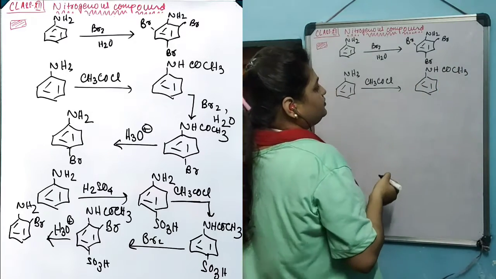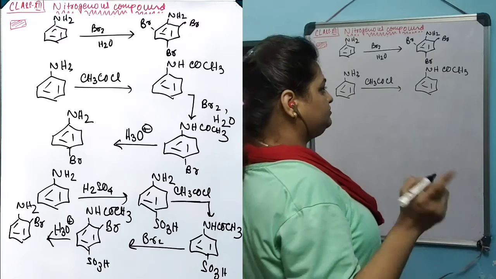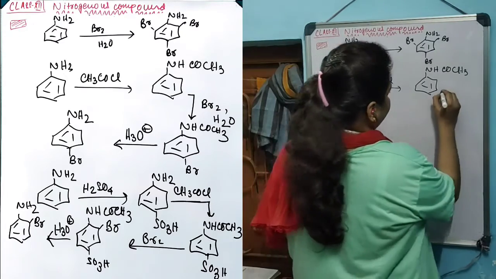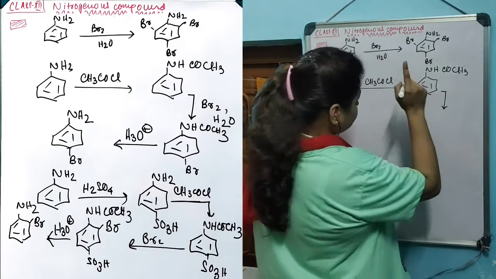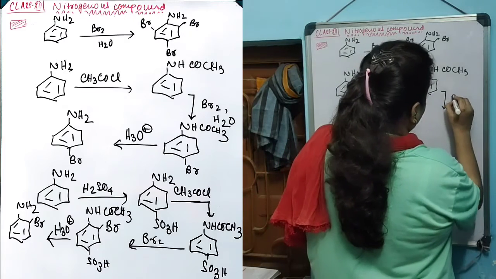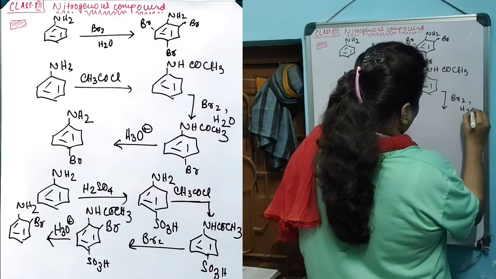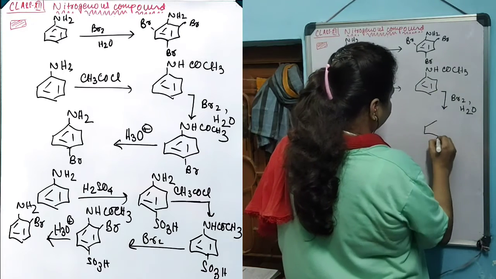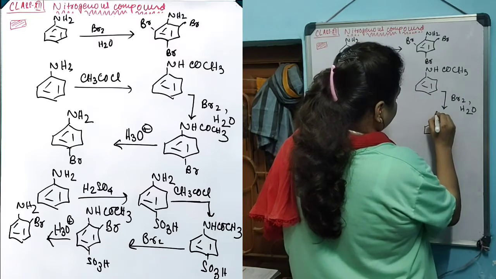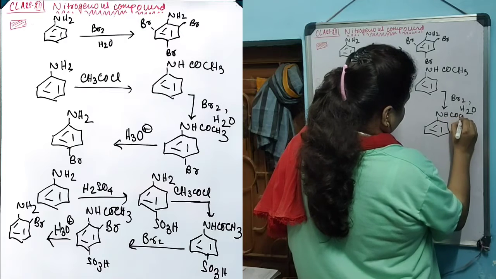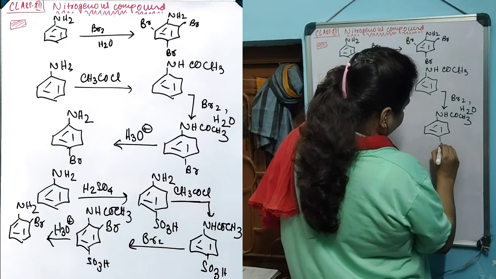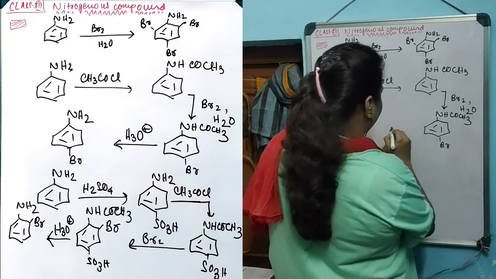This group is also ortho-para oriented but less reactive compared to aniline. That's why now if bromination is done, as this is a bulky group, predominantly para bromine will be formed.